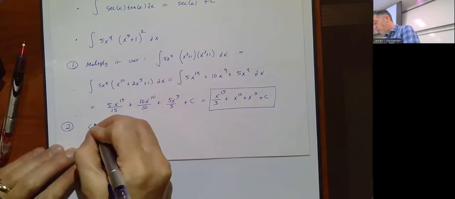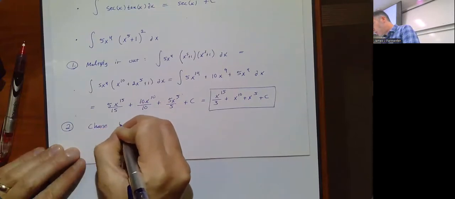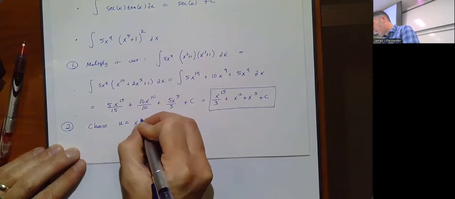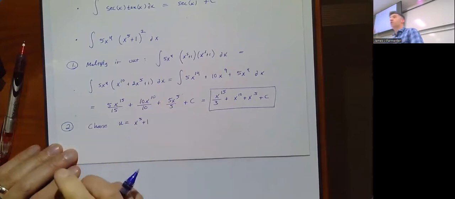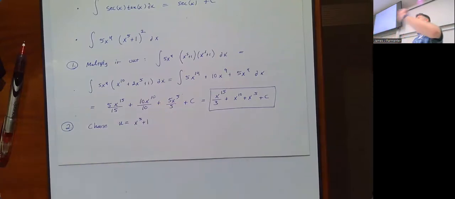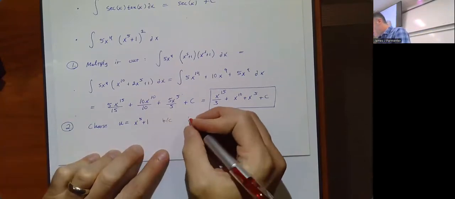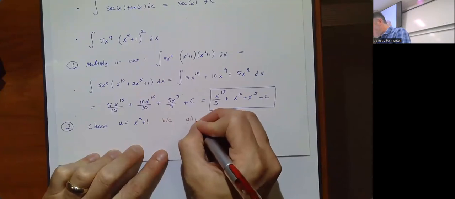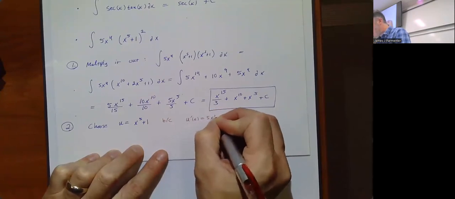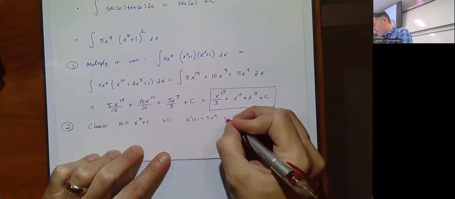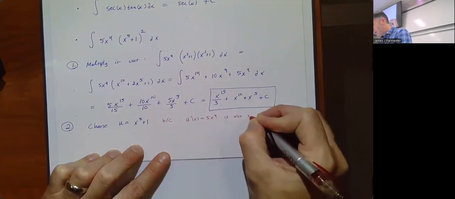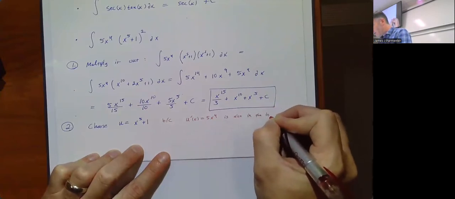So here, we're going to choose u equal to x to the 5th plus 1 for two reasons. Reason one: the derivative of x to the 5th plus 1 is also in your integral, because u prime of x is 5x to the 4th, and 5x to the 4th is also in the integral.